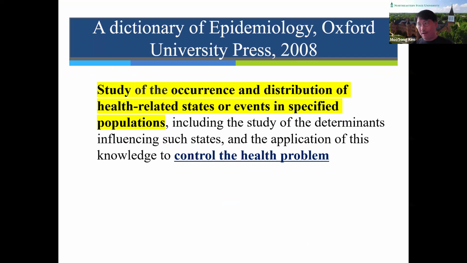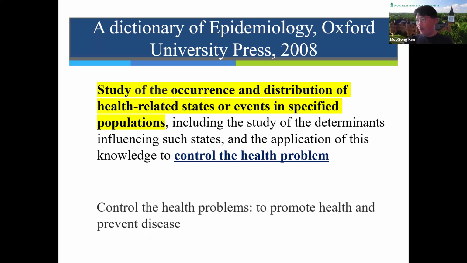So we learned about measuring the occurrence of disease and the distribution of this disease. We can identify the cause of the disease. Epidemiological calculations actually involve measuring the occurrence of a disease, right?